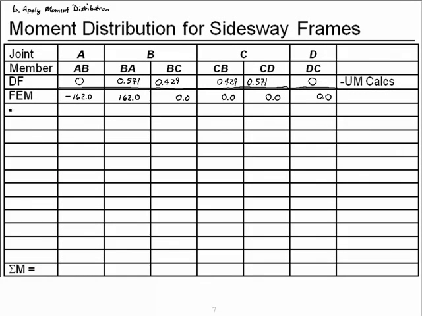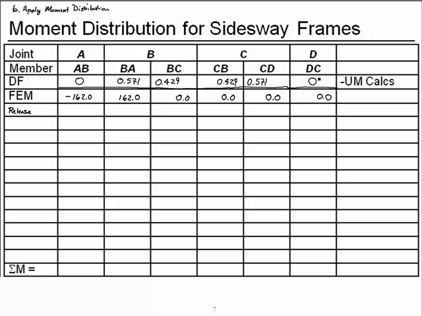Now to release a node. There's no need to release node A. It's fixed supported. The distribution factor is 0, so any unbalanced moment at A goes into the fixed support or the foundation. None of it comes back into the member.